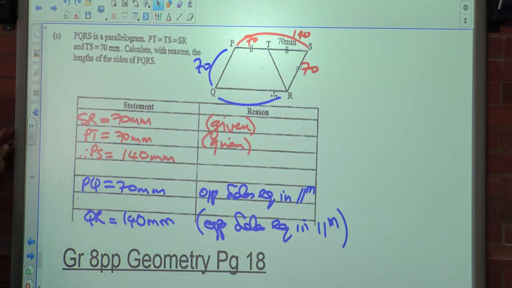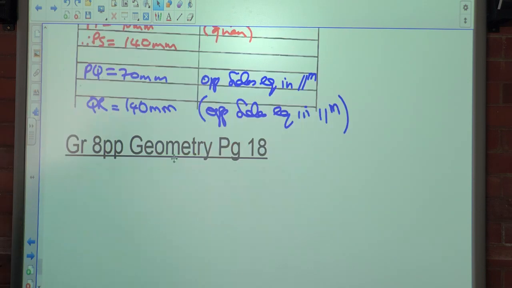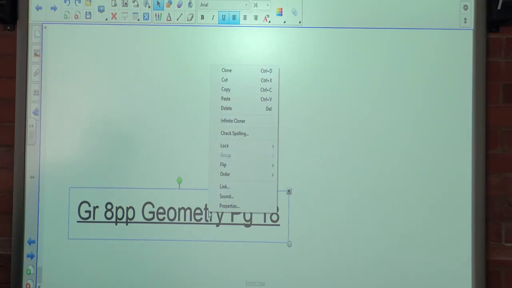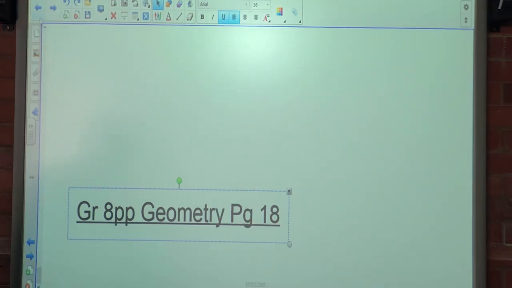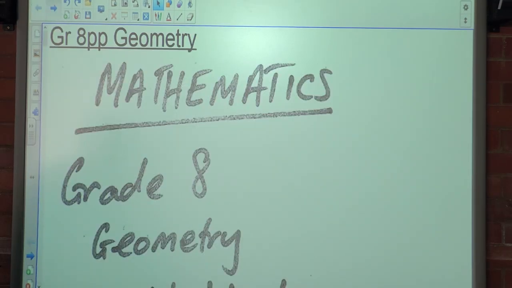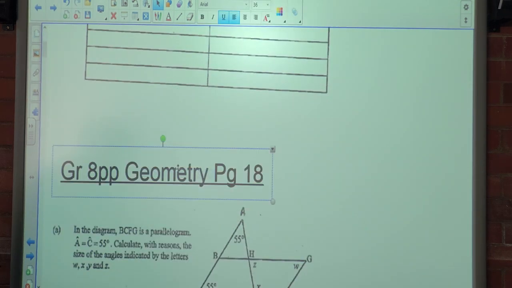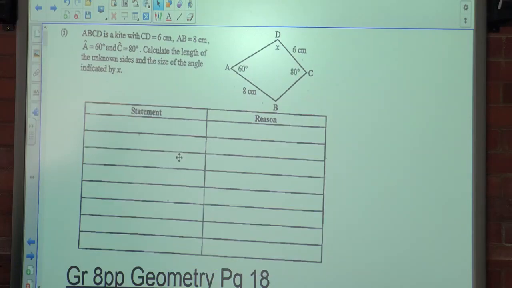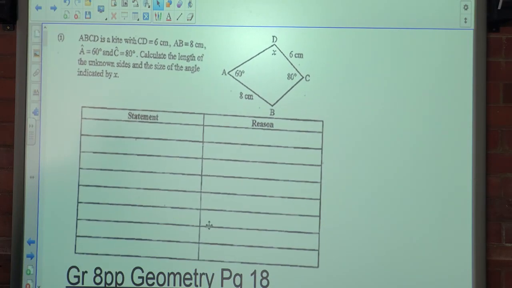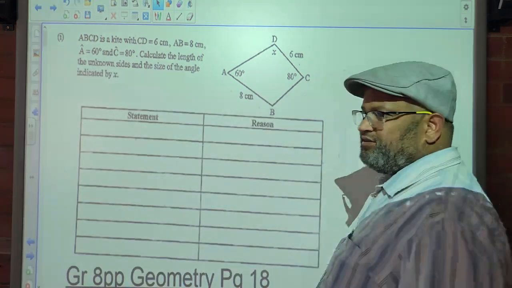Any questions? Any confusion at this point? Are we still on page 18? Yes, sir. Right, I. ABCD is a kite. Two properties of a kite.